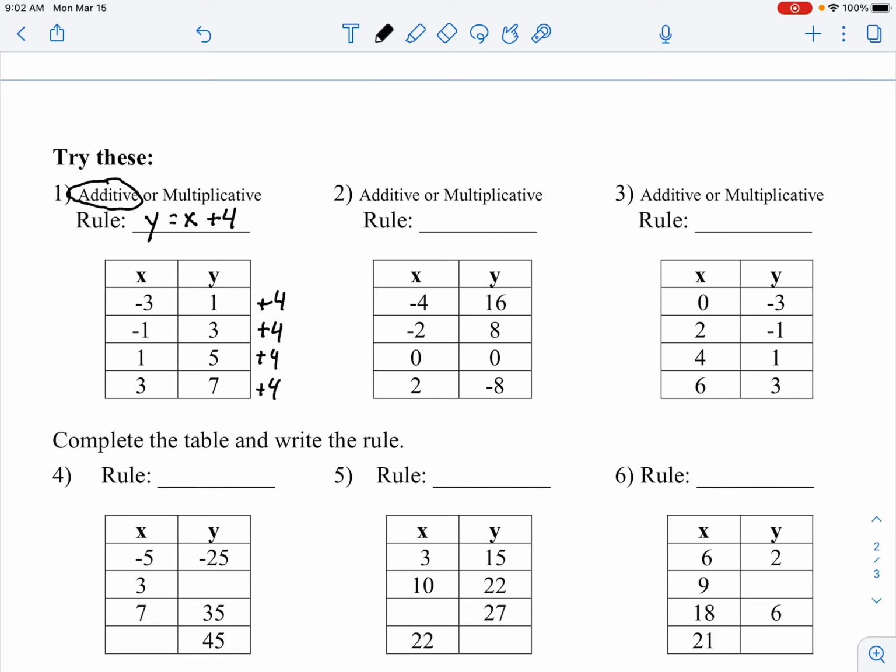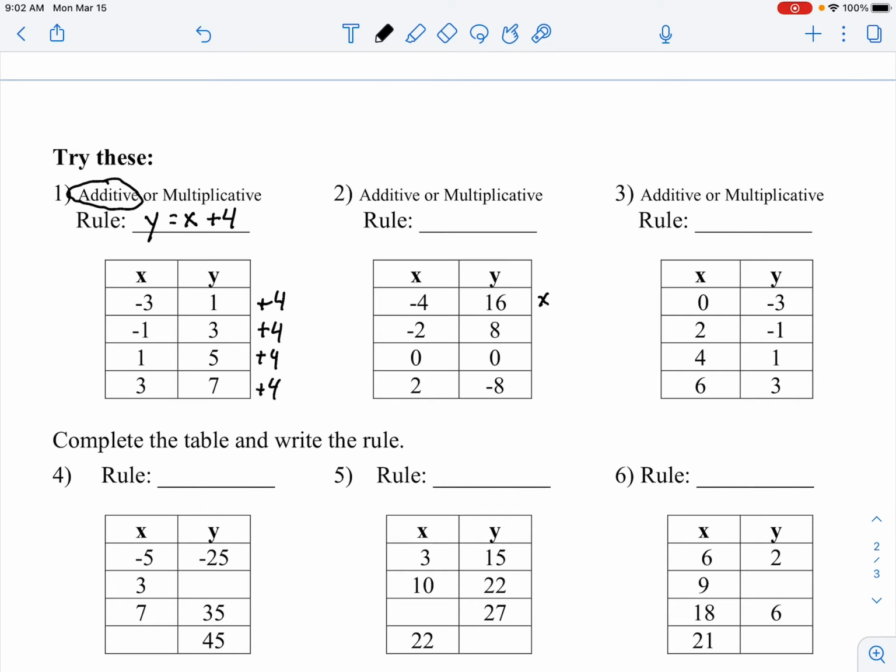Well, let's try this. How do we get from -4 to 16? Well, that's +20. How do we get from -2 to 8? Well, that is +10. Okay, so we see a difference in adding here. We're adding different things, so we know it's not going to be additive. So let's double check our multiplicative just in case.